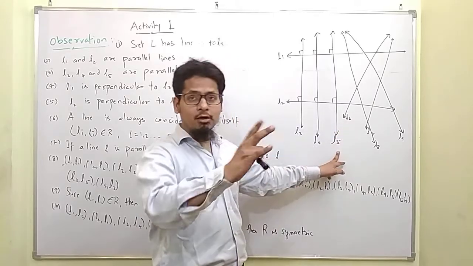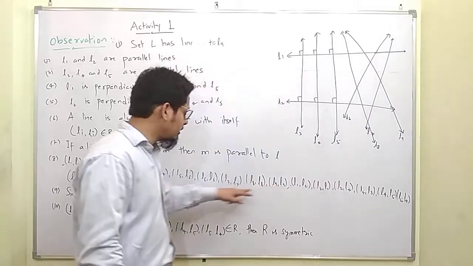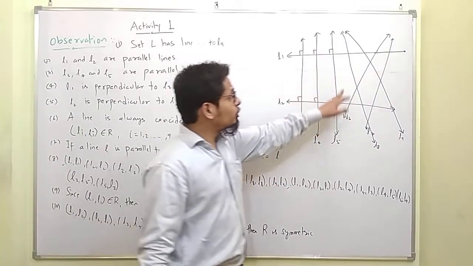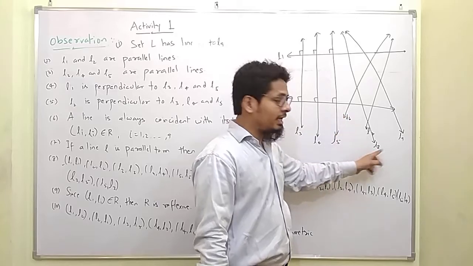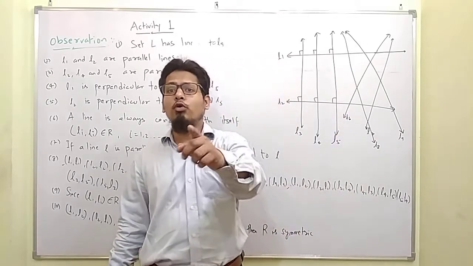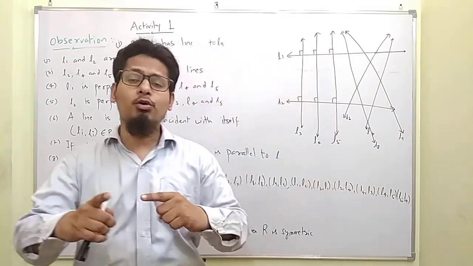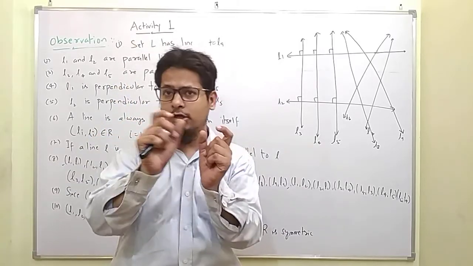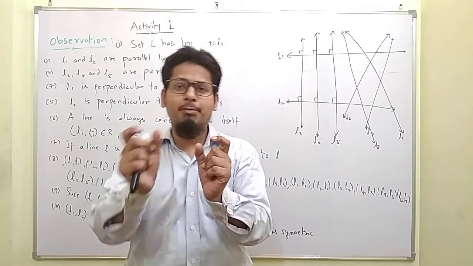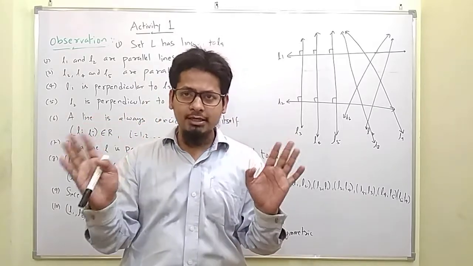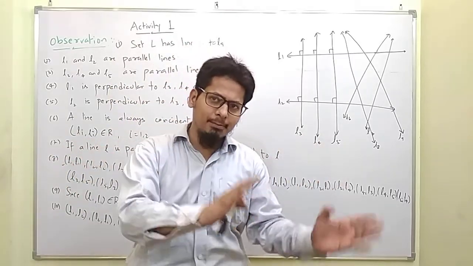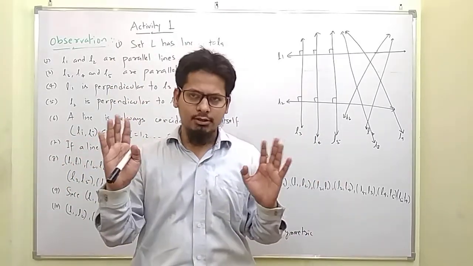For lines L6, 7, 8 and 9, only the condition of coinciding is mentioned. L6 will coincide with itself. I did not write L6 is parallel to L7, because they are not parallel. They are neither parallel nor perpendicular to anyone.